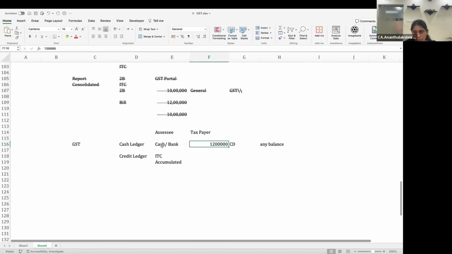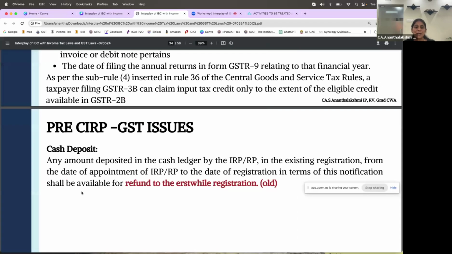It has to be refunded. We have to apply for refund alone. ITC can be carried forward, not an issue. But with regard to cash, whenever there is some balance in the cash ledger, you can go and claim a refund. It cannot be transferred. That's what this para says.